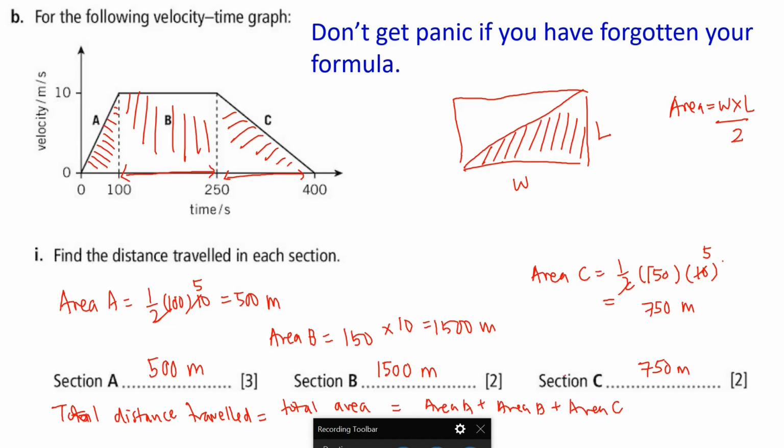In this graph we can obtain it by finding the area under the curve of sections A, B, and C, and then you sum them up. This will roughly give you about 2750 meter.